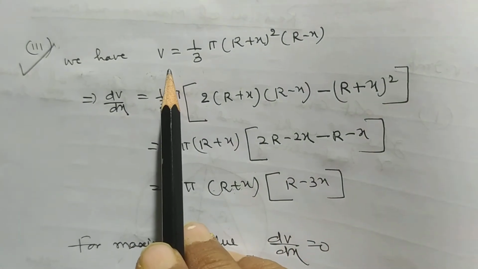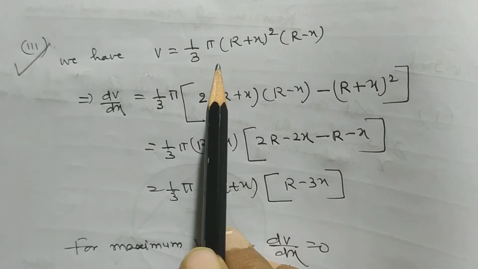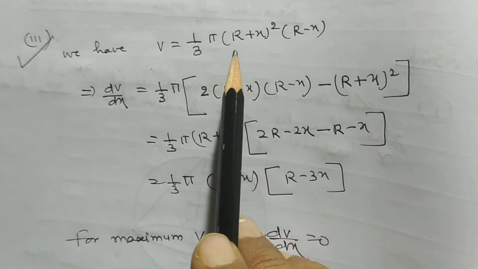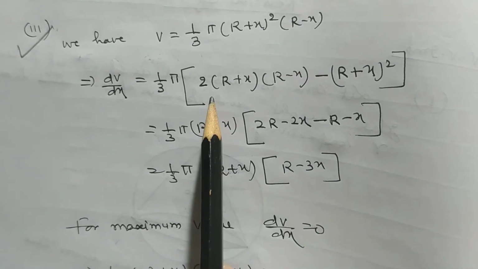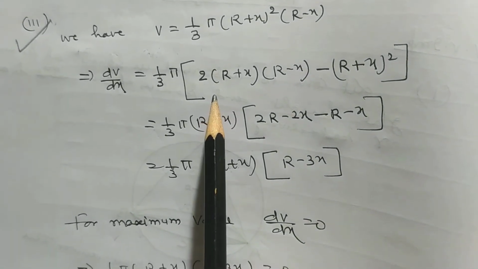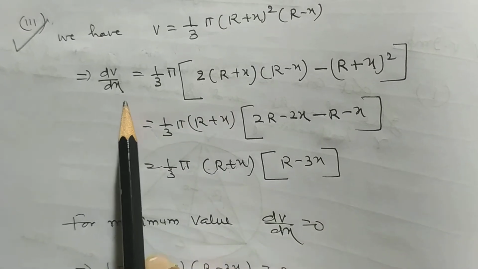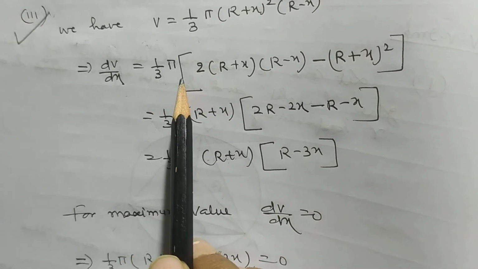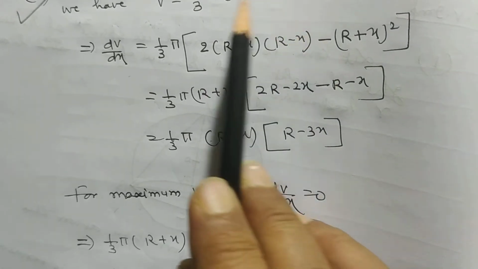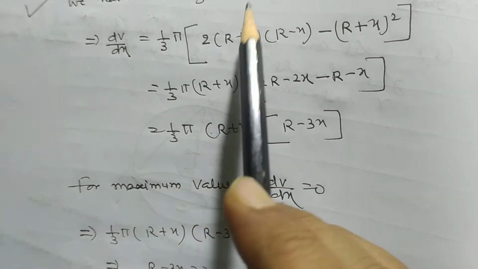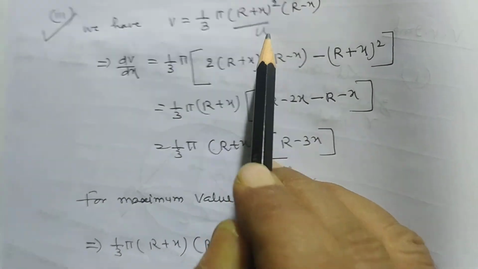Here V is the volume of the cone, 1 by 3 pi (R plus x) whole square (R minus x). dV by dx is 1 by 3 pi into 2 (R plus x) into (R minus x), and we differentiate it by the u and v method.